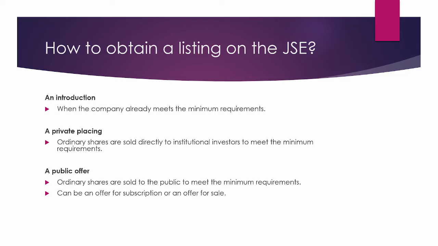A public offer is again when the company does not meet the minimum requirements. However, this time the shares are offered to the public. A public offer can take the form of an offer for subscription or an offer for sale. An offer for subscription is where the company invites the public to purchase new shares which will be issued.